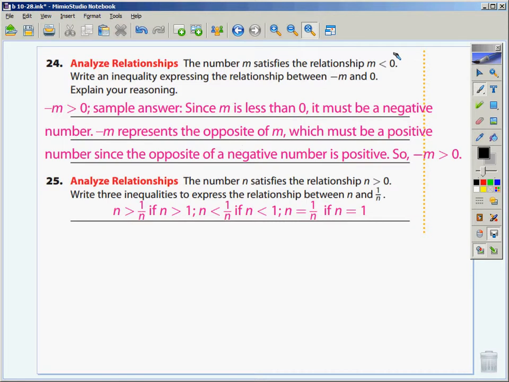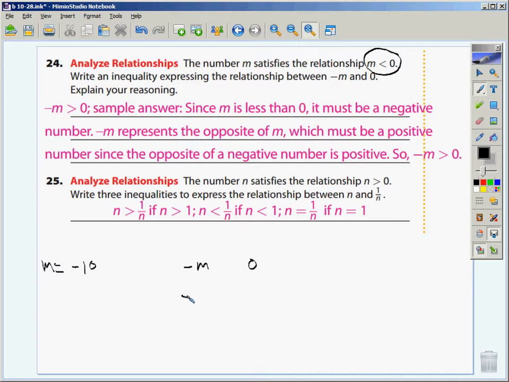Look, if they're telling me m is going to be less than 0, what did they just tell me about m? It's negative. Okay? Think very generically. M is negative. Somebody give me a negative number. Negative 10. So, what they're saying is, if I let m be a negative 10, they want me to compare a negative m to 0.